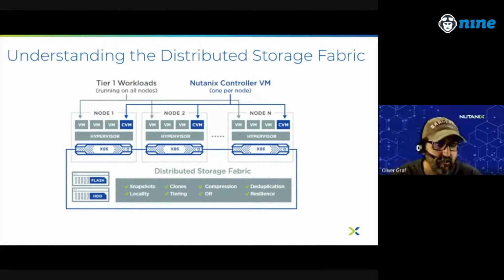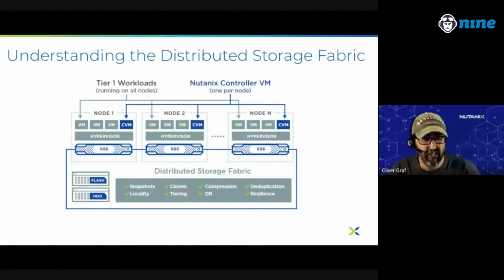Good. Now, an understanding of the distributed storage fabric from Nutanix. The Acropolis Distributed Storage Fabric is designed to really simplify storage and data management for virtual environments. By pooling flash and hard disk drive storage across the Nutanix cluster and exporting it out to the virtualized layer as iSCSI, NFS, or SMB shares, for example.